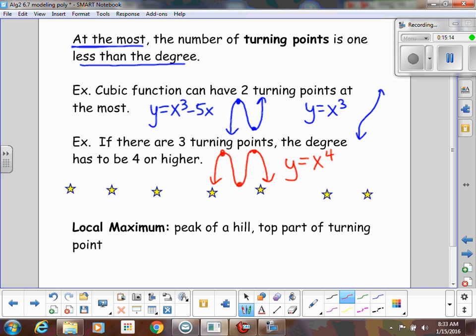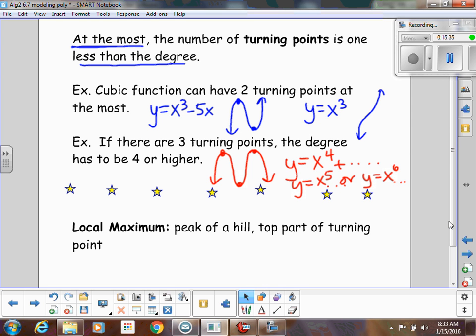It couldn't be x to the 3rd or x squared or anything like that. So I would have something like this, or I could have something like x to the 5th or x to the 6th and so on. I don't know, but all I know is that it has to be at least 4 or higher. Okay, so that's one way that we can help with how many bumps are in the middle.